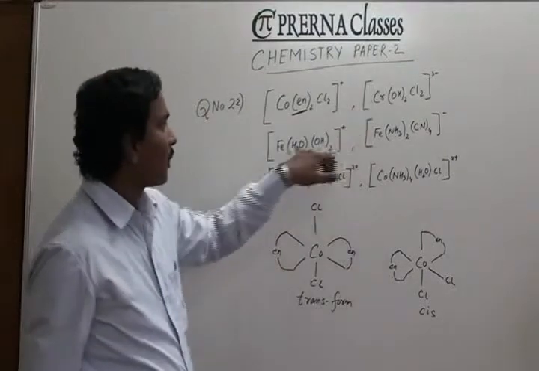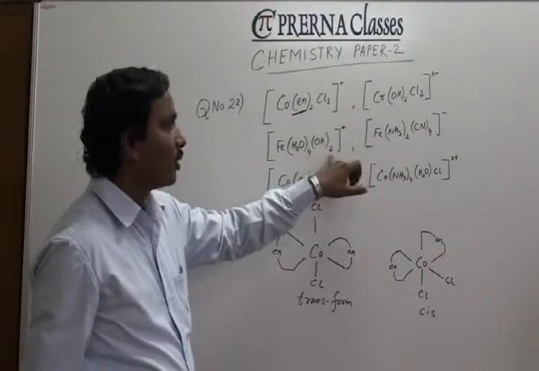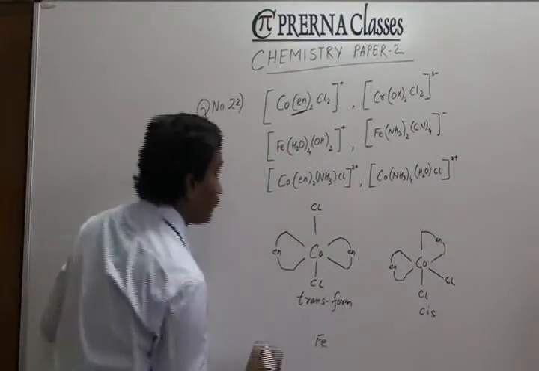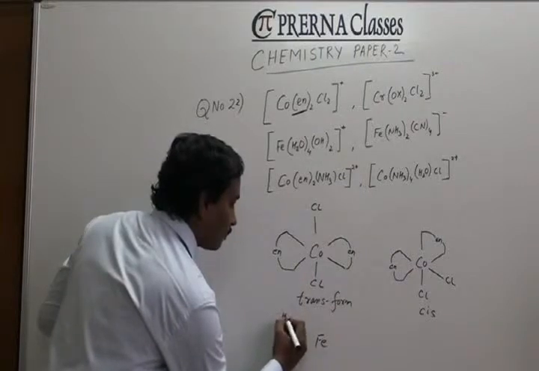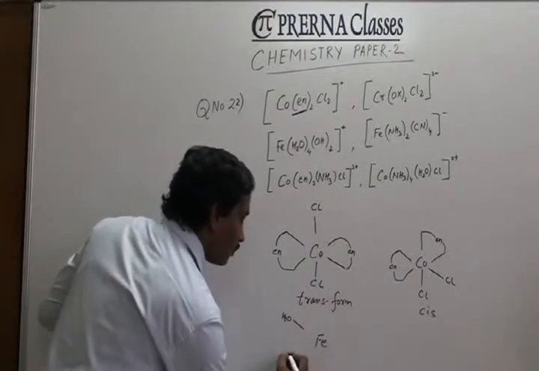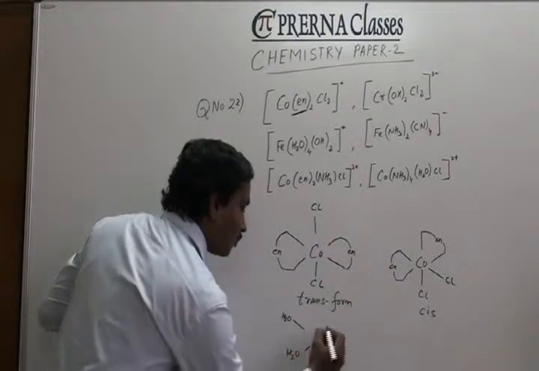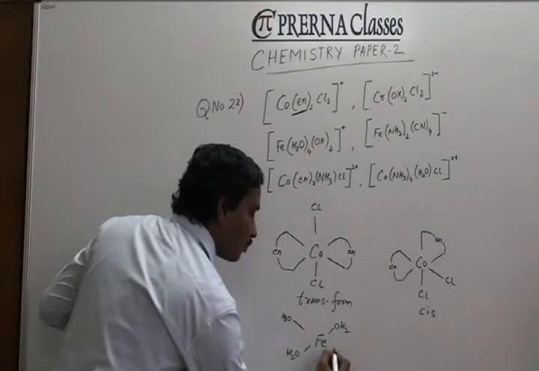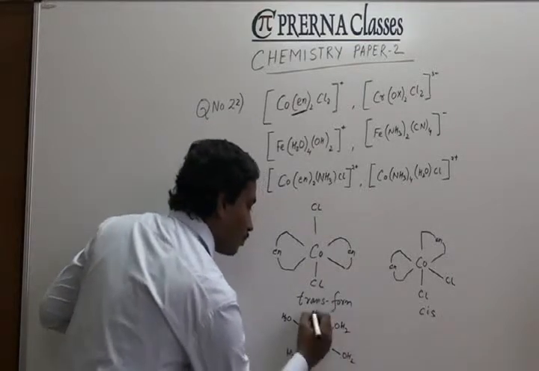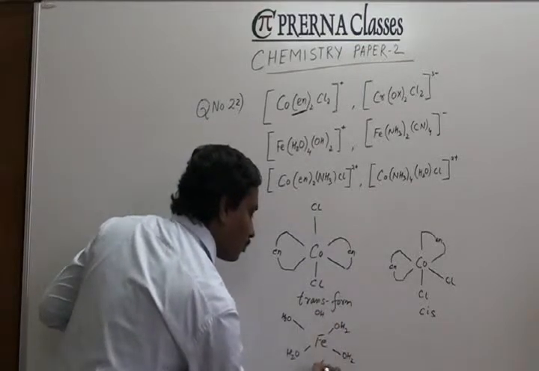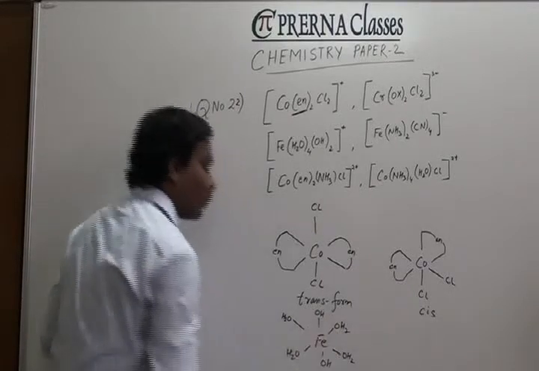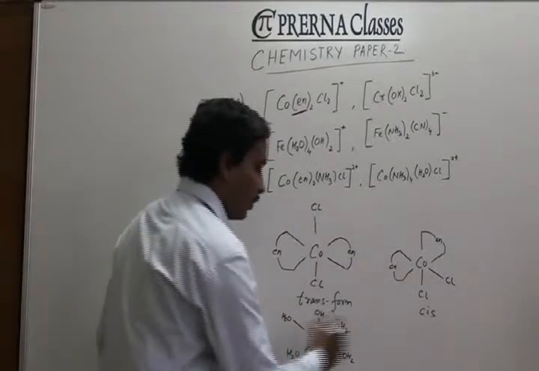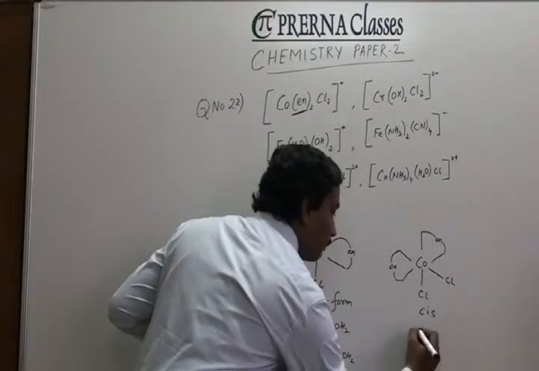The next one, Fe(H2O)4(OH)2. It will also show the trans form. In the same way we can write the cis form of this, that is Fe(OH).